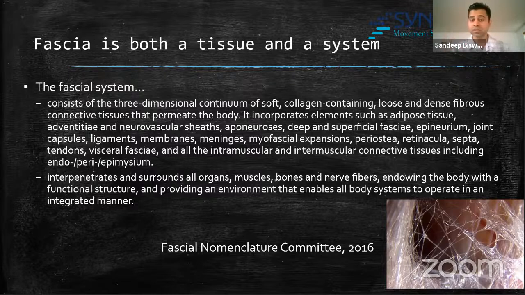It is very much functional in nature, and its function actually influences every system in your body. So what it does, it helps balance every system in your body. It will help balance your skeletal system with your nervous system, or your muscular system with your visceral system. So it forms that integrator between the different systems, okay? So you need to understand that elaborate definition of fascia to understand how elaborate this structure is.